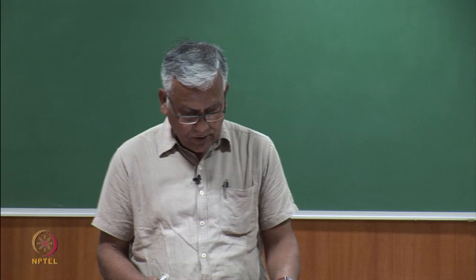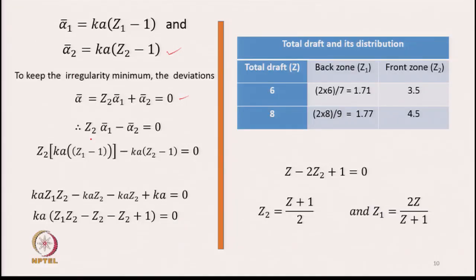Therefore, if I want to make alpha bar 0, then Z2 alpha 1 bar minus alpha 2 bar has to be 0, where alpha 2 bar is basically negative shear.